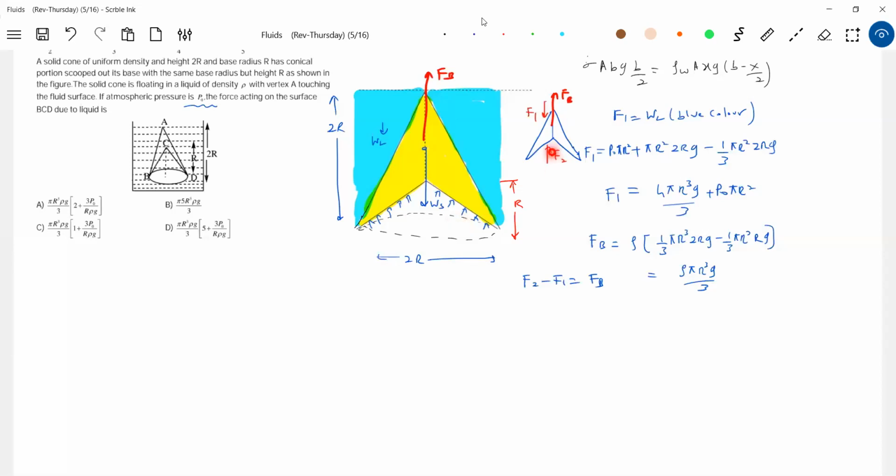Okay, here is what I'm bringing. F2, this F1. F2 minus F1 is what? The buoyant force. We have to calculate F2. F2 is unknown, to be calculated. How do we bring that F2? I know the buoyant force. What is the buoyant force?